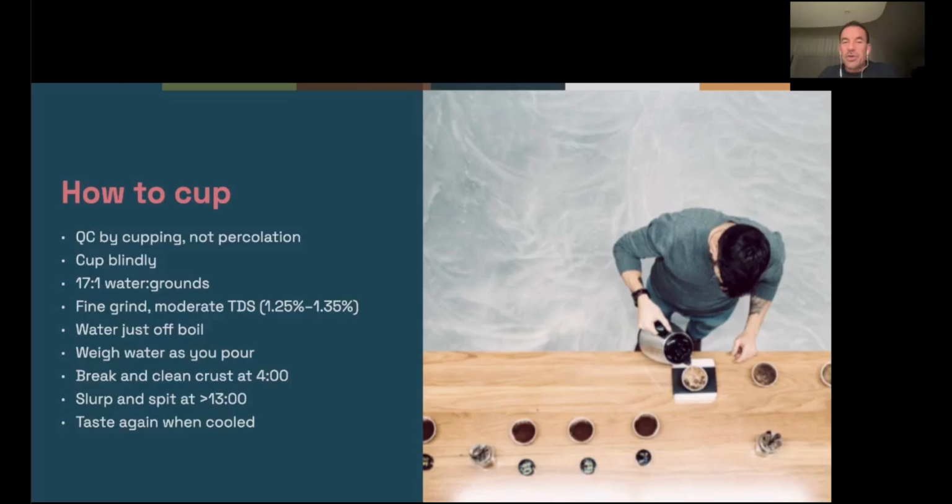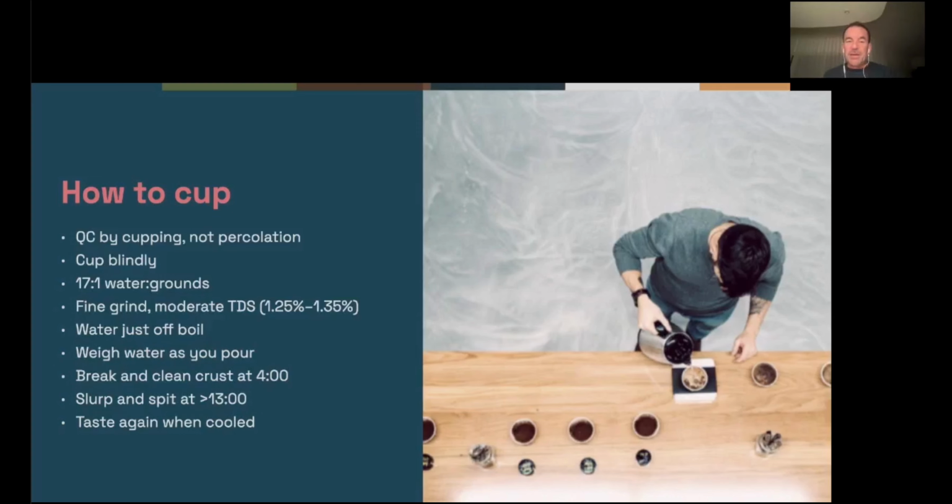So whether you have a green problem, underdevelopment, or roasty flavors, if you grind coarser, you will have lower extractions, and you will not notice those defects as much. Now, if you were brewing coffee for enjoyment, I would say tone down those defects.